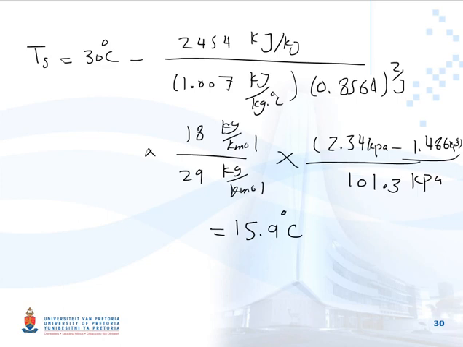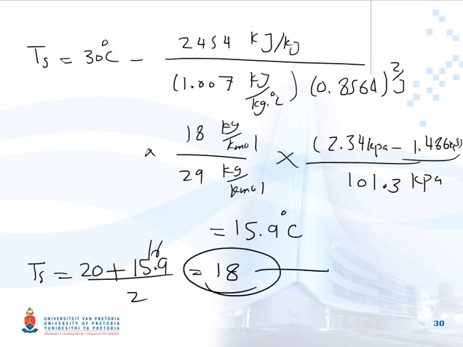So you might say that it doesn't make sense to first start with the surface temperature and after that find out that it's a little bit off. Yes, that's engineering work. Now what you need to do is the next T_s will be 20 plus 15.9, which is 16, divided by 2. So we repeat it for 18.